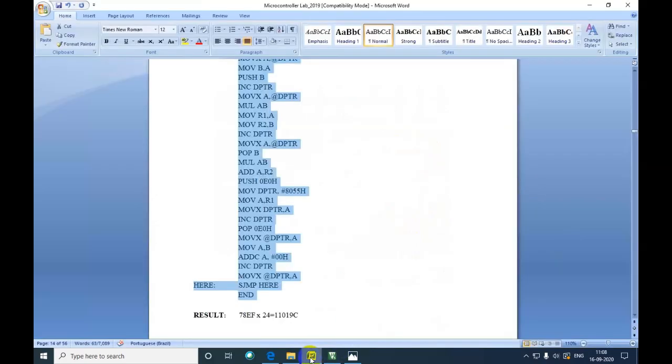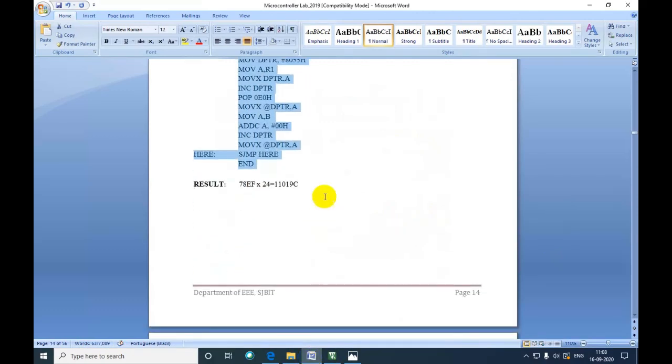Now, taking a particular example in the program, I am considering the 16-bit number 78EF and the 8-bit number 24. So 78EF and 24 are the two numbers that I want to multiply. How do I do it?